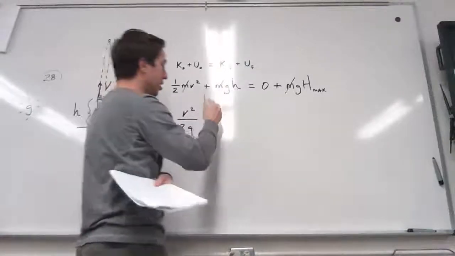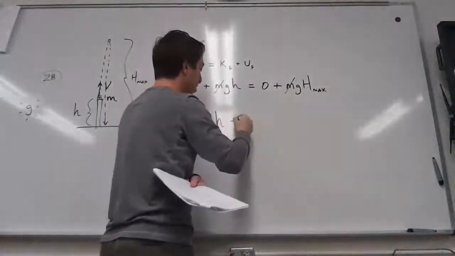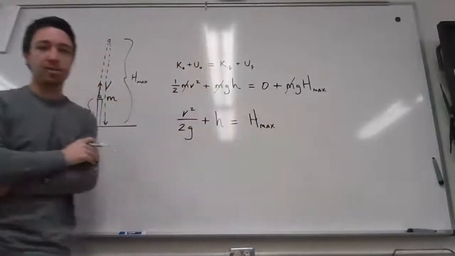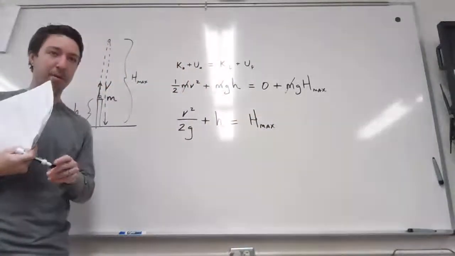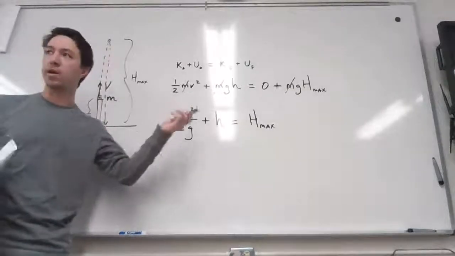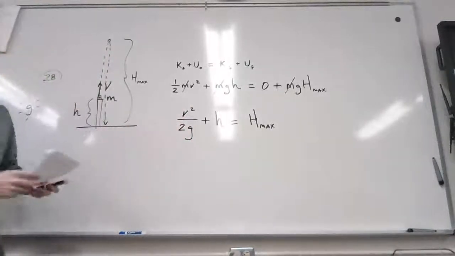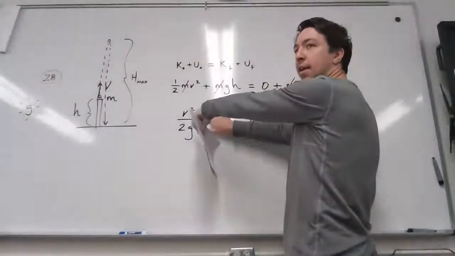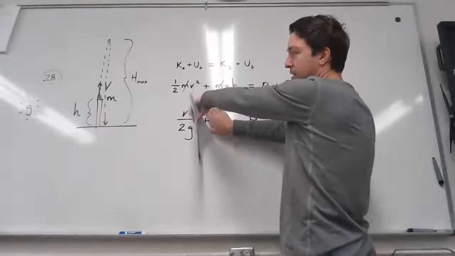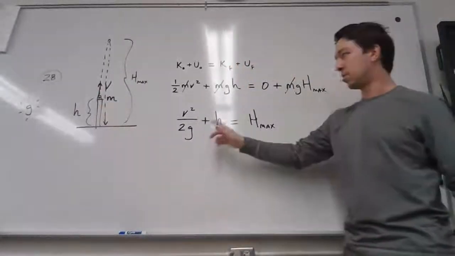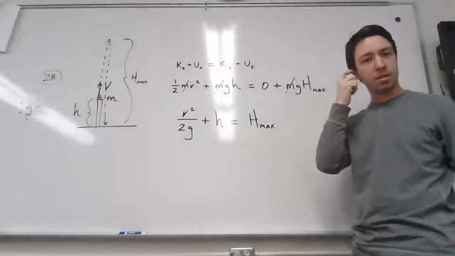Then this divided by g. So hopefully this answer makes really good intuitive sense. If not, that is maybe a problem. It means you're missing something, because this is the answer to how high a ball would go if you shot it out of a cannon straight up at speed v. And then you started off at some height h, so that just gets added on.